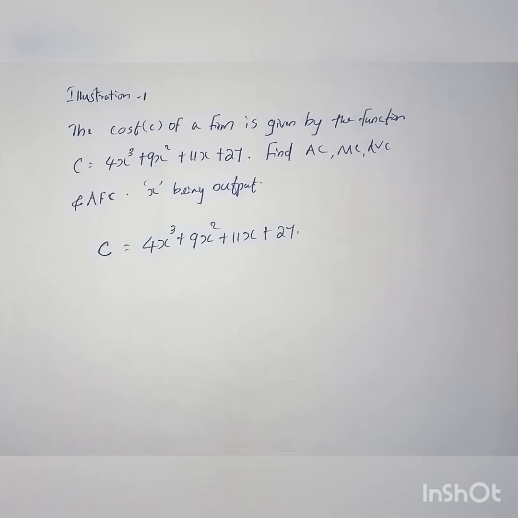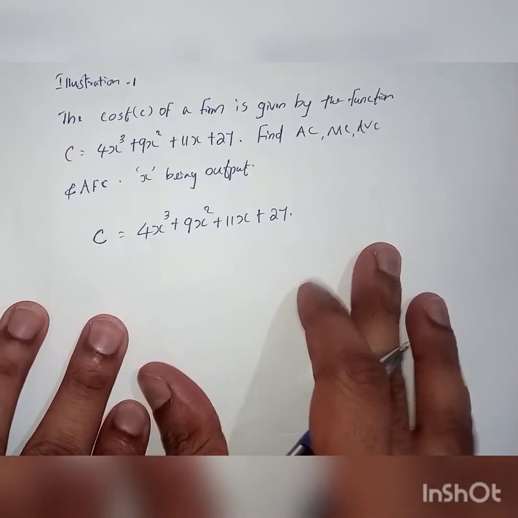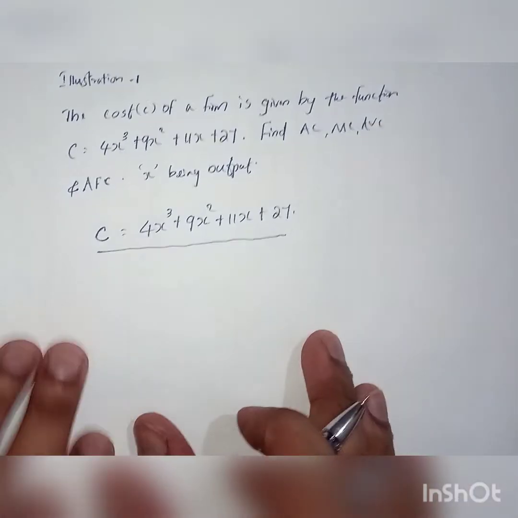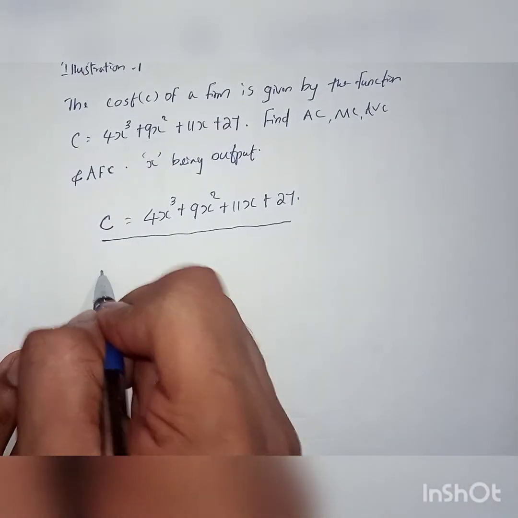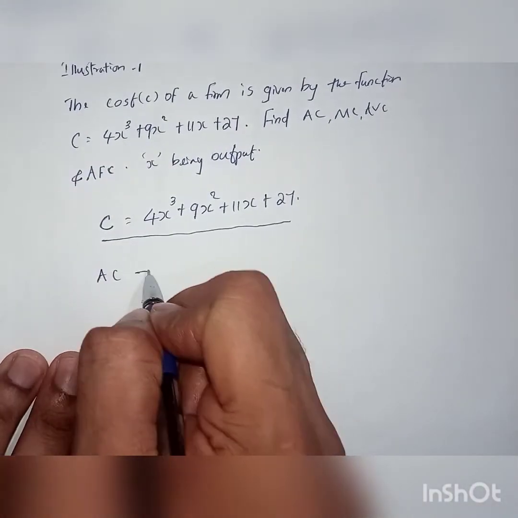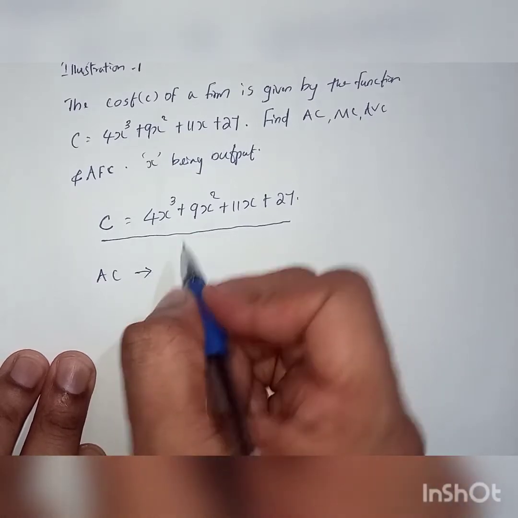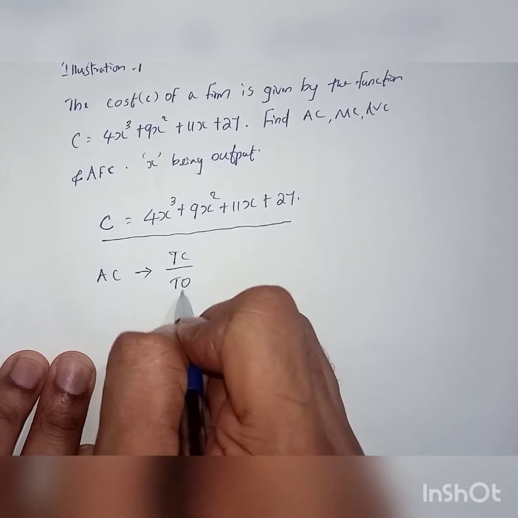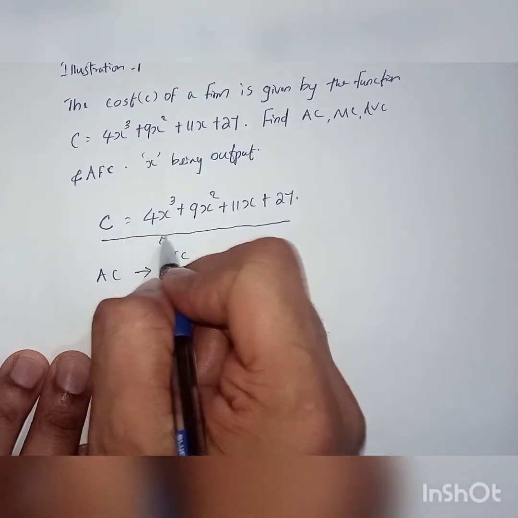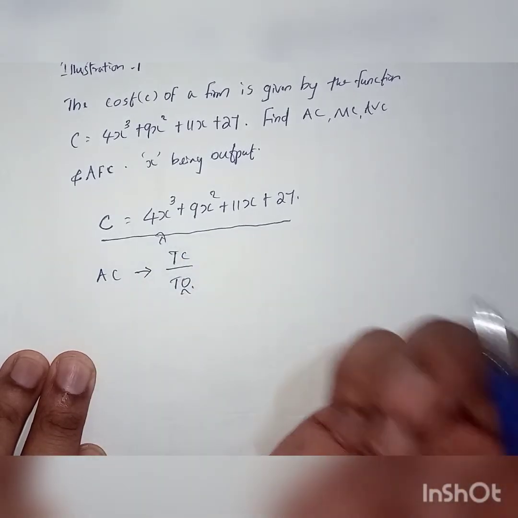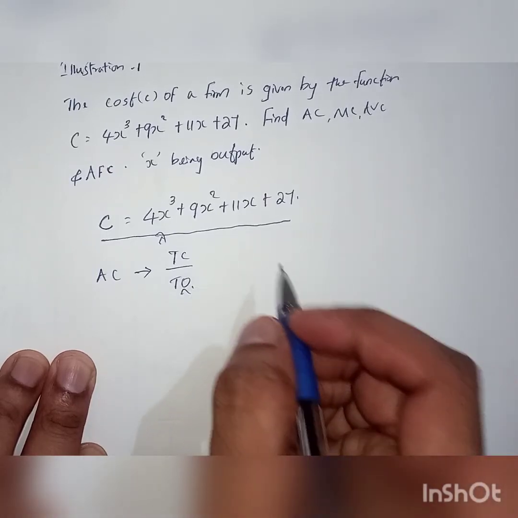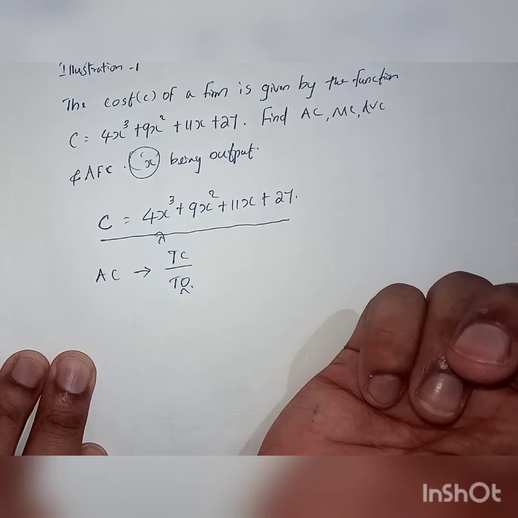In the last page I have told you what equations are to be used while solving the problem, right? So we have taken the cost function. Then the first one is average cost. I have already told you the equation for average cost: total cost divided by total quantity, right? We already have total cost here, so the only thing we have to do is divide by the total quantity, and the question specifically says x is the output.